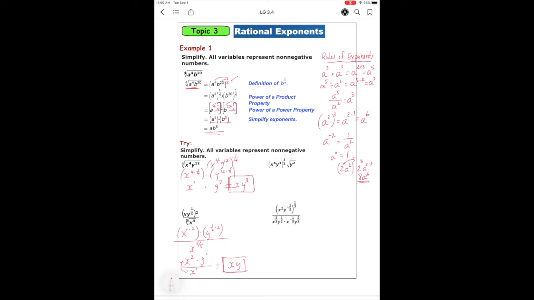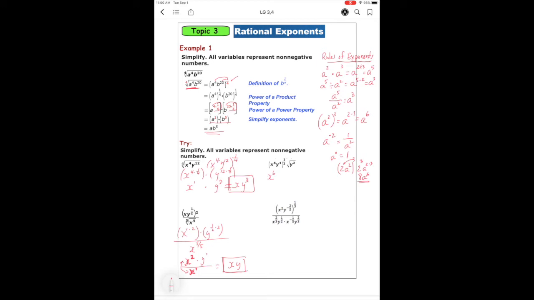Remember, I had division here, so I had to subtract 2 from 1, because there's division, because this and this were like terms.